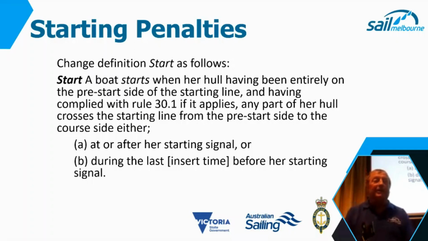That's one thing that cannot be changed in the racing rules. But what they have done is allow penalties to apply, so that a boat will accept a penalty even though they have started incorrectly, and then can continue racing. But that has to be stated in the notice of race that this will apply.